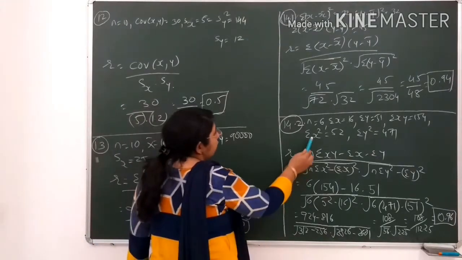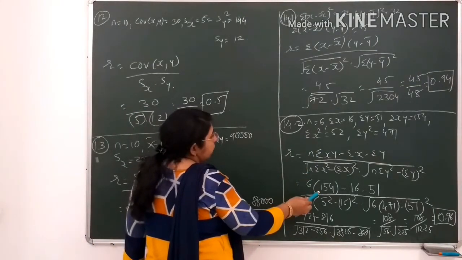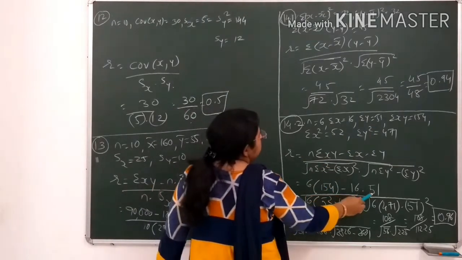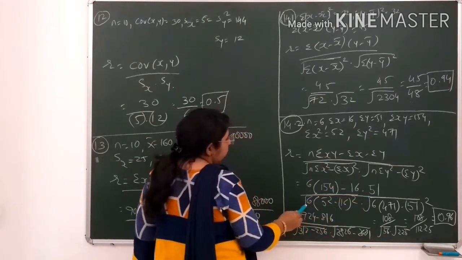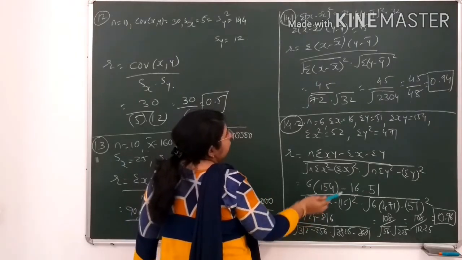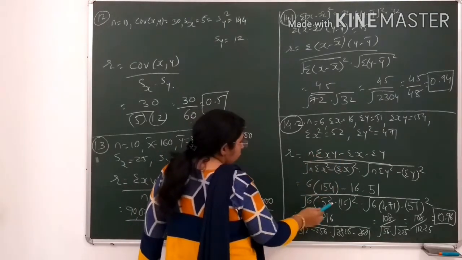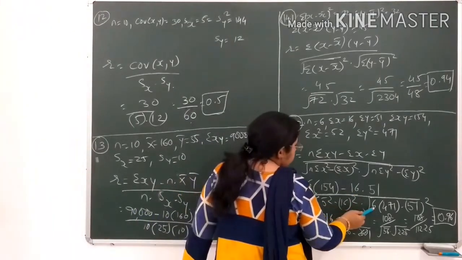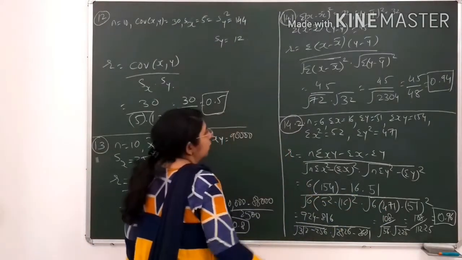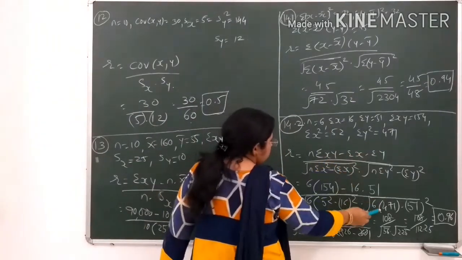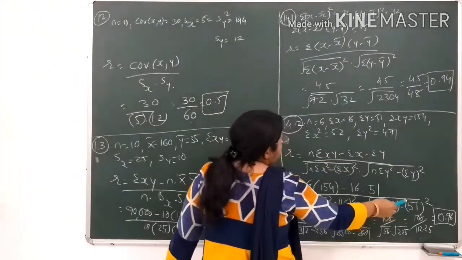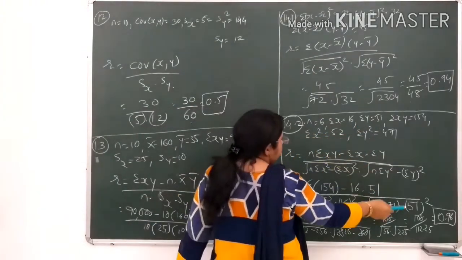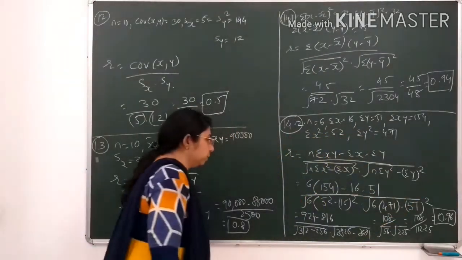So first of all, n value, that is 6 over here, sigma xy value that has been given to you, that is 154, minus 16 into 51, upon under root of n, that is 6, sigma x square value that is given in the question, 52, minus sigma x, that is 16 whole square, into under root of n, that is 6, sigma y square that is given in the question, that is 471, minus sigma y whole square. Sigma y value that has been given to you is 51, so 51 whole square.